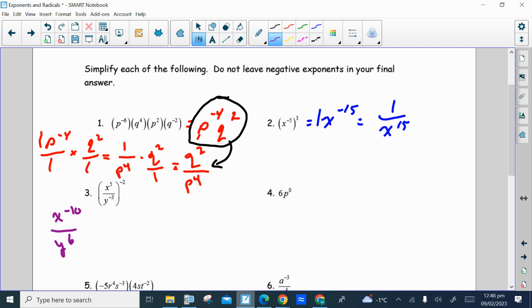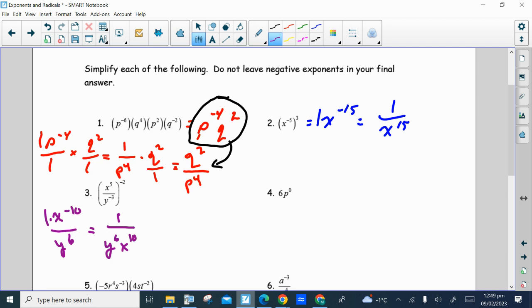Now, like I just showed you in question 1, I need to make that x exponent positive by moving it from the top to the bottom. Again, this is the same as 1 times x to the negative 10, so the 1 will stay on top, and on the bottom, you'll have the y to the 6 and the x to the positive 10. You're done.